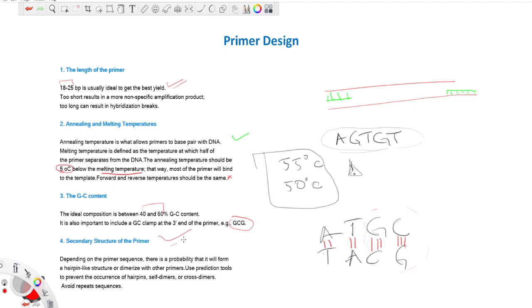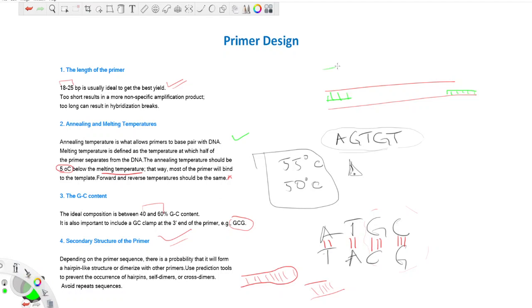And last but not least, the secondary structure. When it comes to the secondary structure of your primer, what we're talking about is the formation of hairpin-like structures like this, where your primer may actually fold on itself, or the primer will anneal with itself without actually annealing with the piece of DNA.